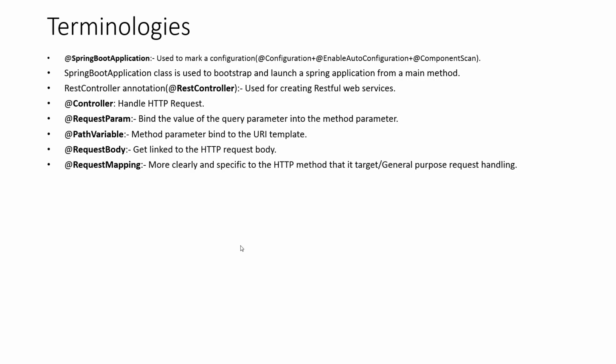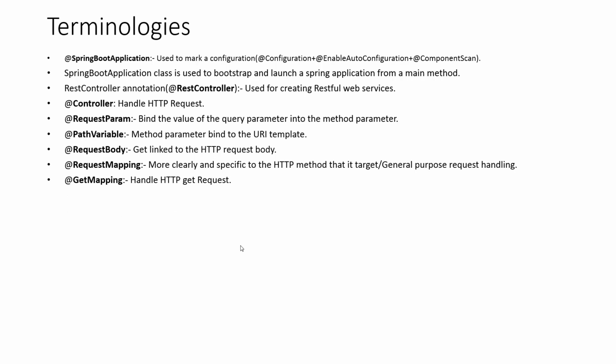So request mapping is general purpose request handling, and it can also be made more specific to the HTTP method that it targets. So if you are using request mapping, you must target a particular HTTP request method.